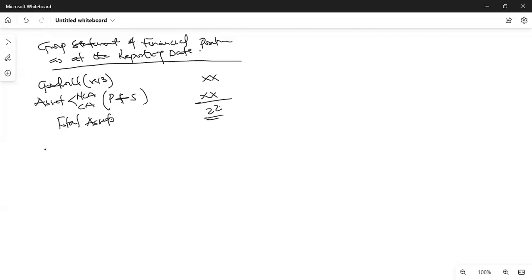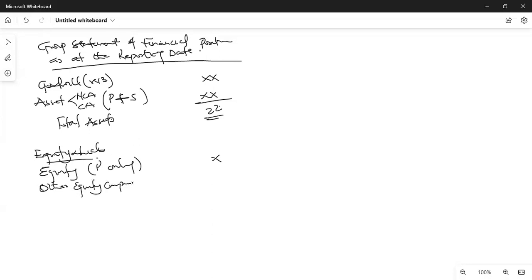Then you come to equity and liabilities in your statement of financial position. In the equity, you will show the parent's share capital only. If there is any other equity component, you bring it in, and this will come from a working that I will later show you, called working 5.